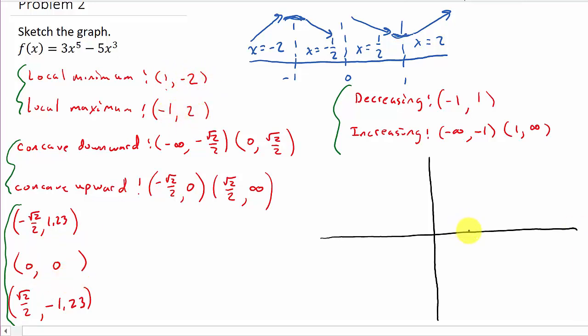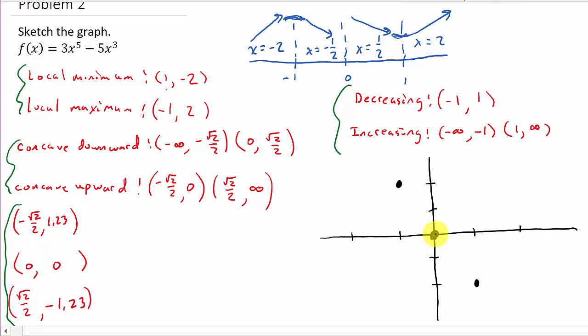So let's do this. 1, 2. All right, so let's see, 1, -2, that's an easy one to plot. And then we've got -1, 2, plot that one there. And then we've got 0, 0.